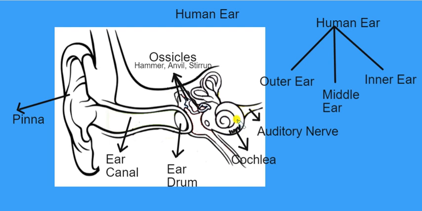These nerve signals are then carried by auditory nerve from the cochlea of the inner ear to the brain. The brain is the organ of human body which has the ability to interpret the nerve signals. In this way, human ear is able to detect the sound and understand the message conveyed by a particular sound.